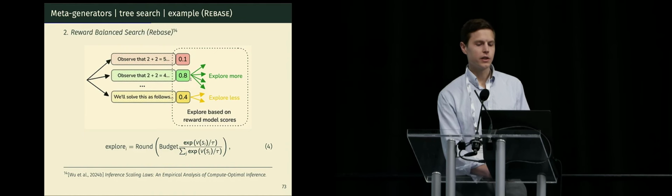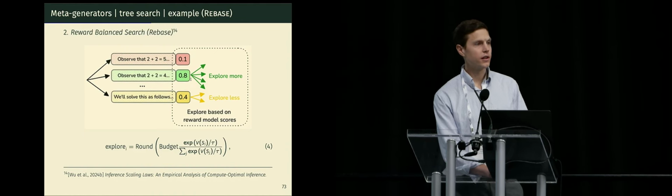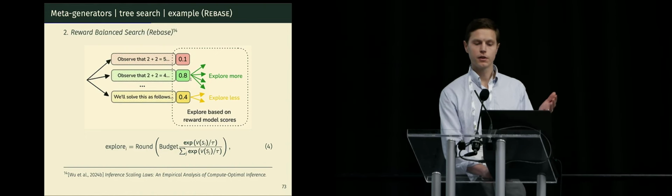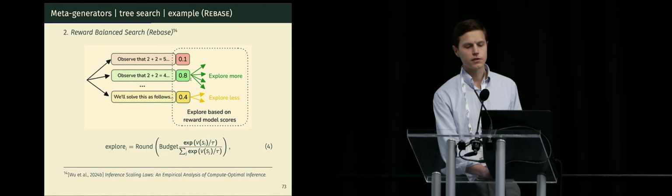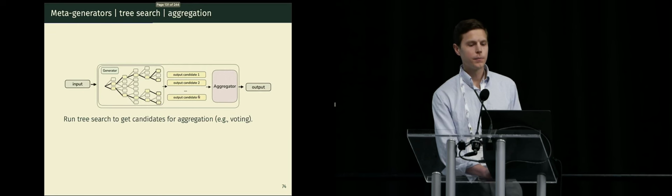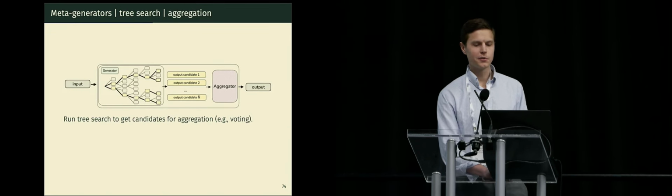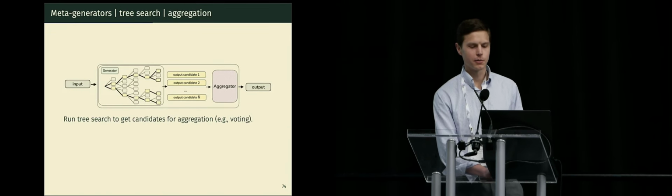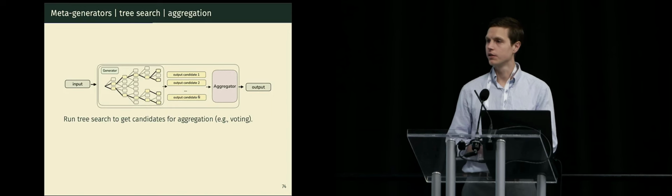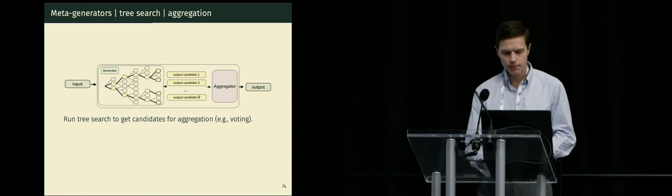Concretely, we look at the current search frontier, take the softmax of the scores, and use those to allocate this budget. In this case, this one got a low score, so you wouldn't explore it at all. This one had 2 + 2 = 4, so maybe you explore it a bit more. This one we're not really sure about, so we allocate some exploration budget to it, but not too much.